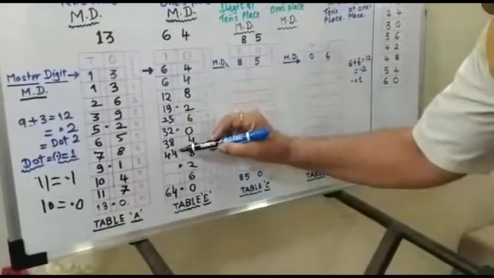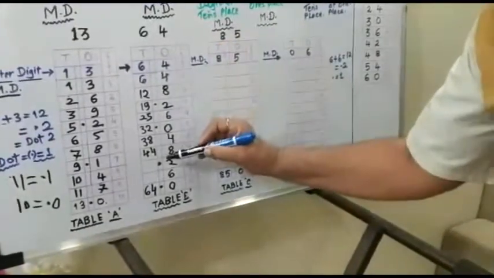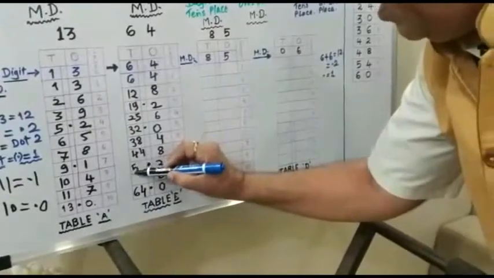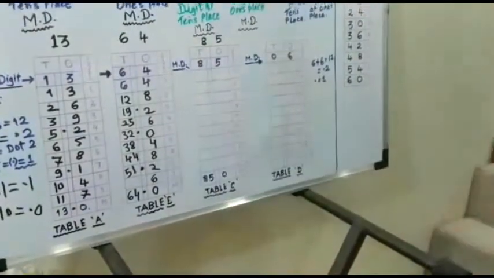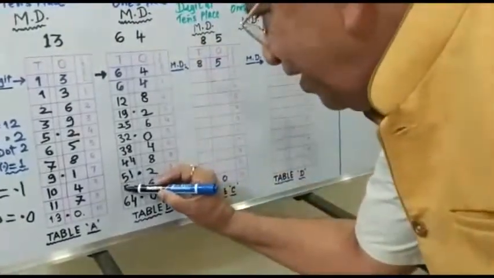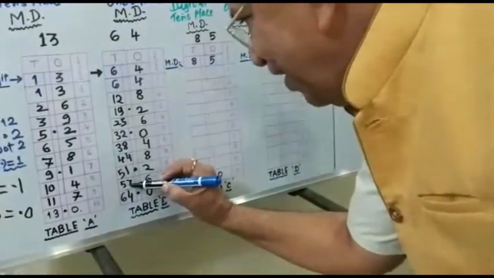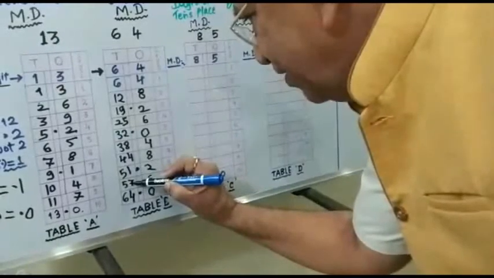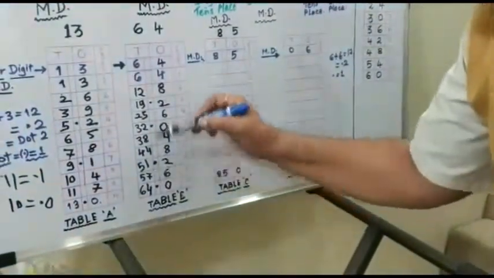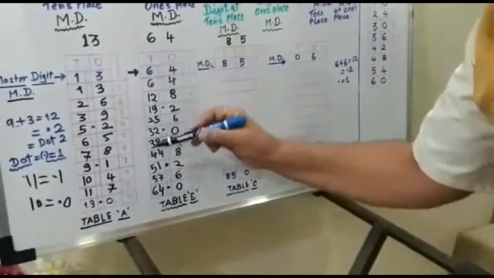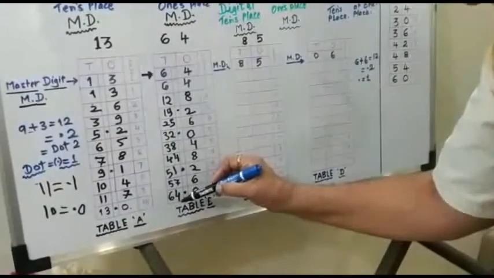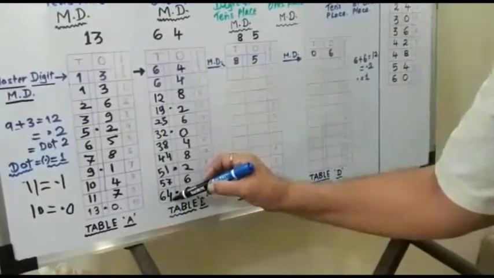Then 44 plus 6, 50. And this dot 1, so this is 51. Okay. So 51 plus 6, 57. No dot. So 57. Now 57 plus 6 is 63 and dot is here. 63 plus dot, 64. So we got this 64 here.